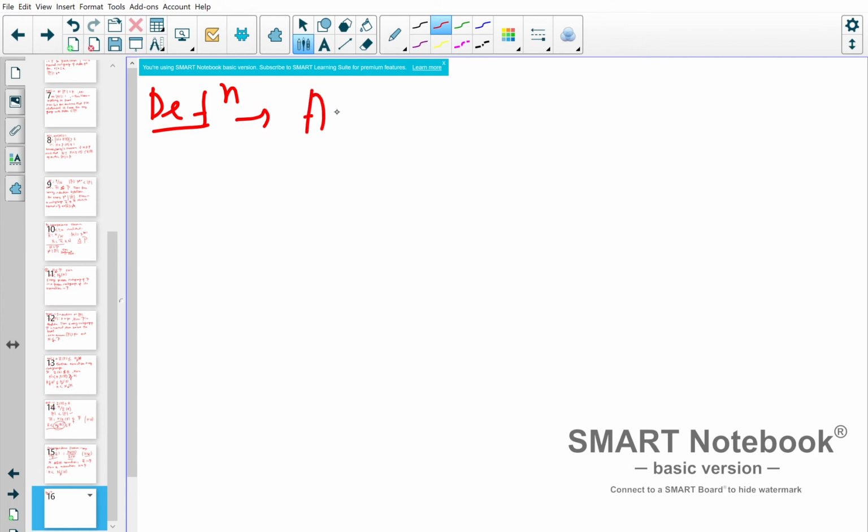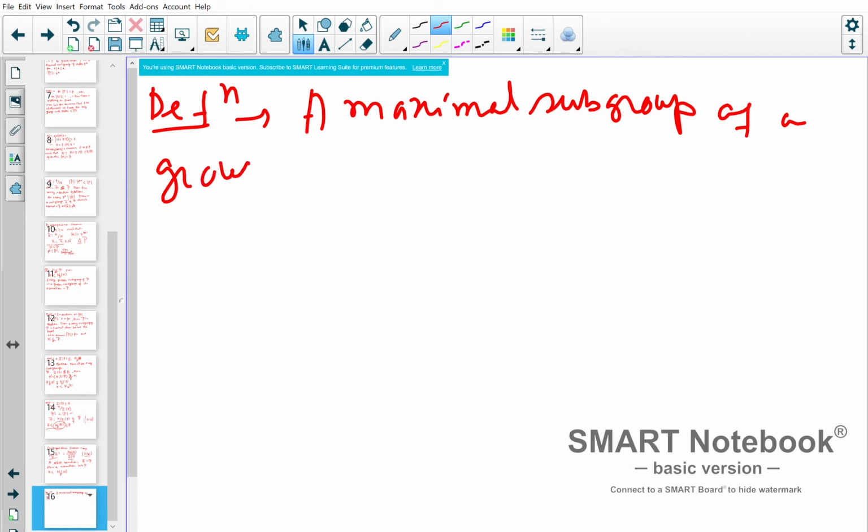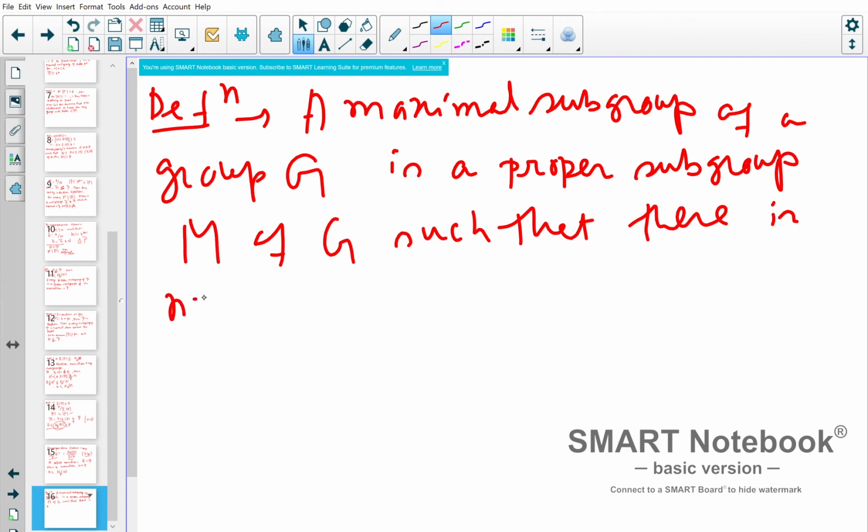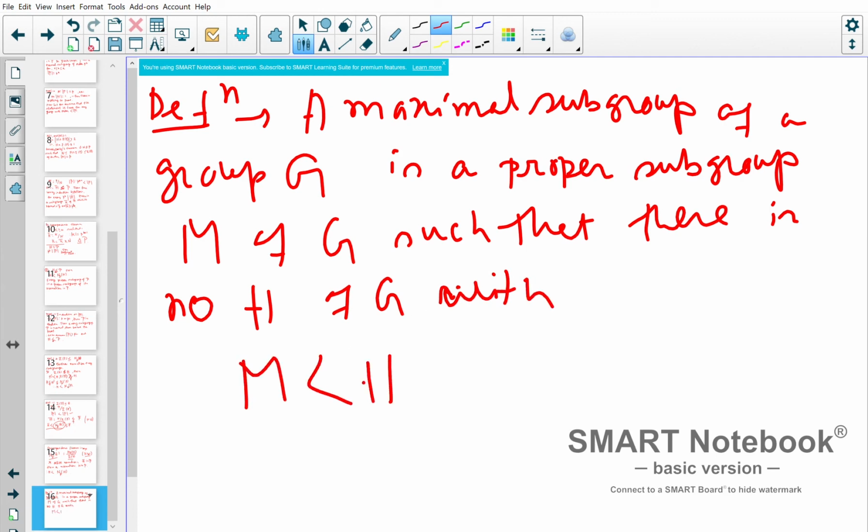So what is a maximal subgroup? A maximal subgroup of a group G is a proper subgroup M of G such that there is no subgroup H of G with M sitting properly inside H and H sitting inside G. What does that mean?